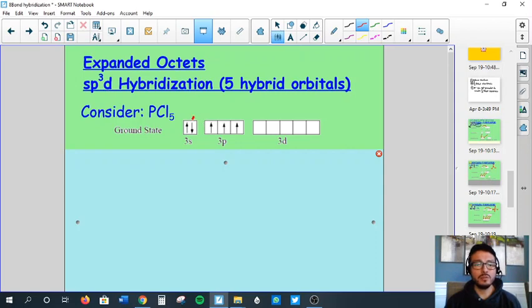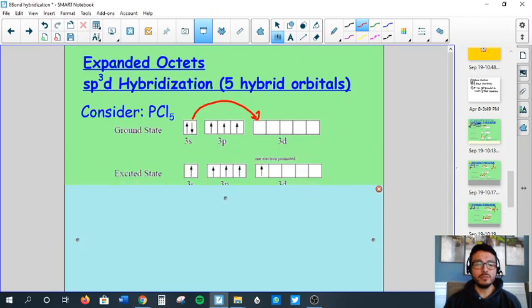So as always, what do? We promote, but this time we promote always to an empty suborbital. The closest suborbital that is empty is in the 3d. That would allow us to have our 5 required half-filled orbitals, 1, 2, 3, 4, 5. Like before, you have 1 electron in the s, 3 in the p, 1 in the d.